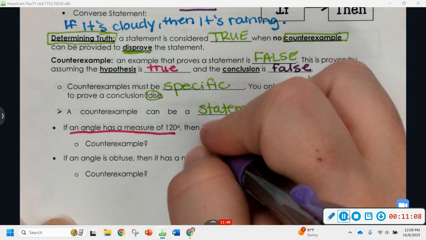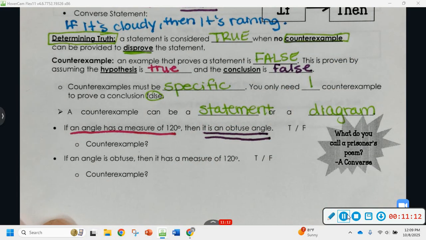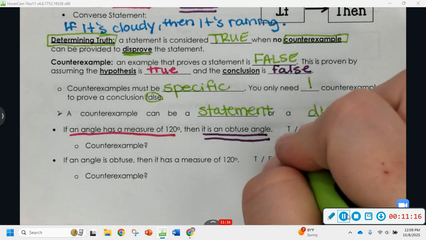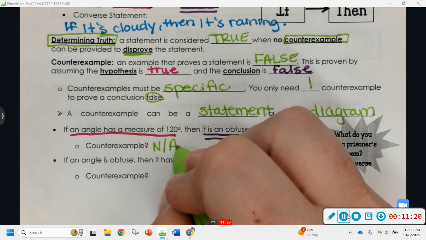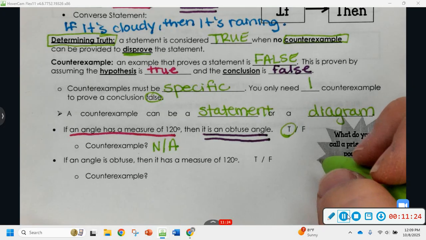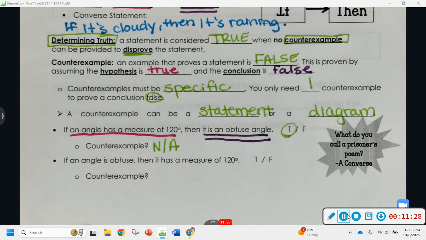The conclusion, it is obtuse. That is a true statement. Now, if it's a true statement, then there are no counterexamples needed. So that is my conditional statement.